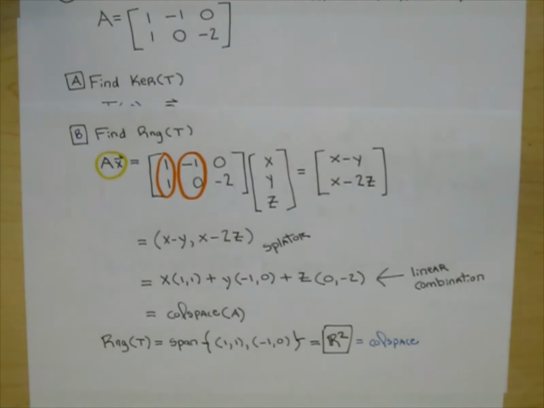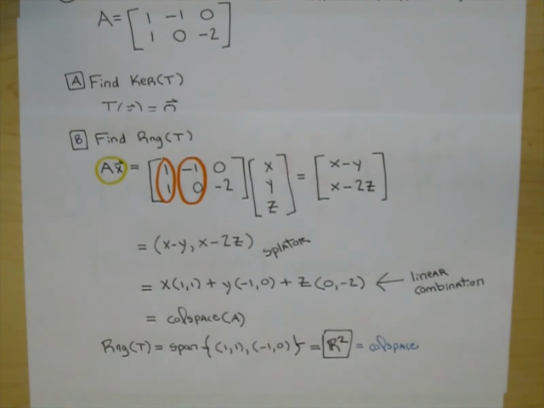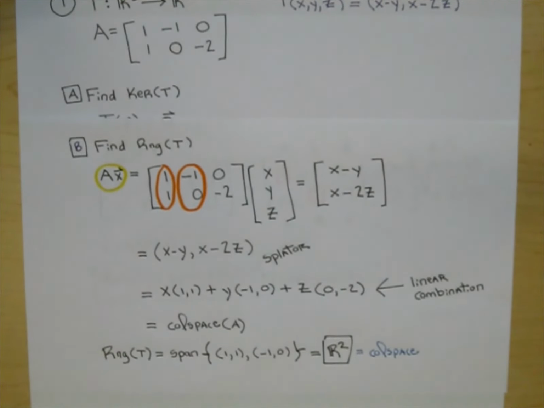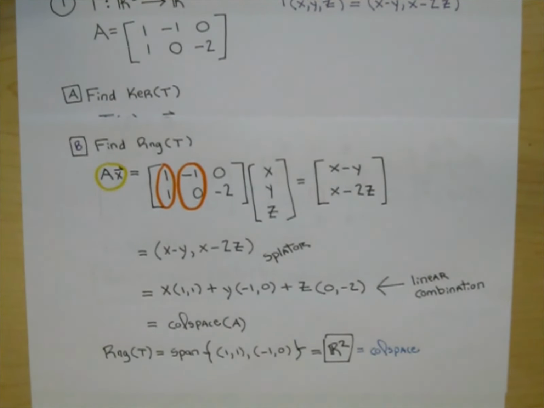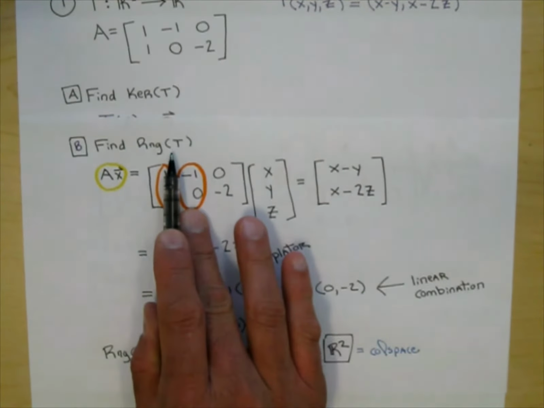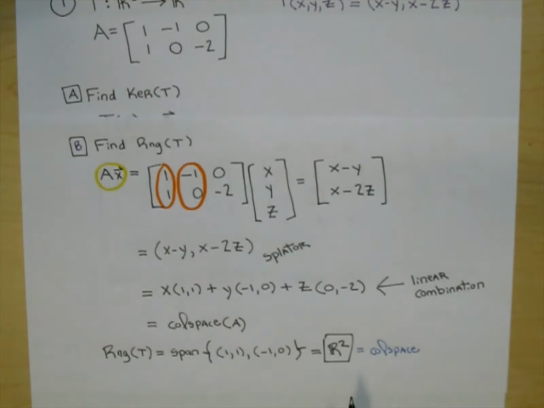Okay, so this is huge. We've just found out that when we go to find the kernel of a linear transformation going from R3 to R2, the kernel is the null space of this matrix. And the range is the column space of the matrix.